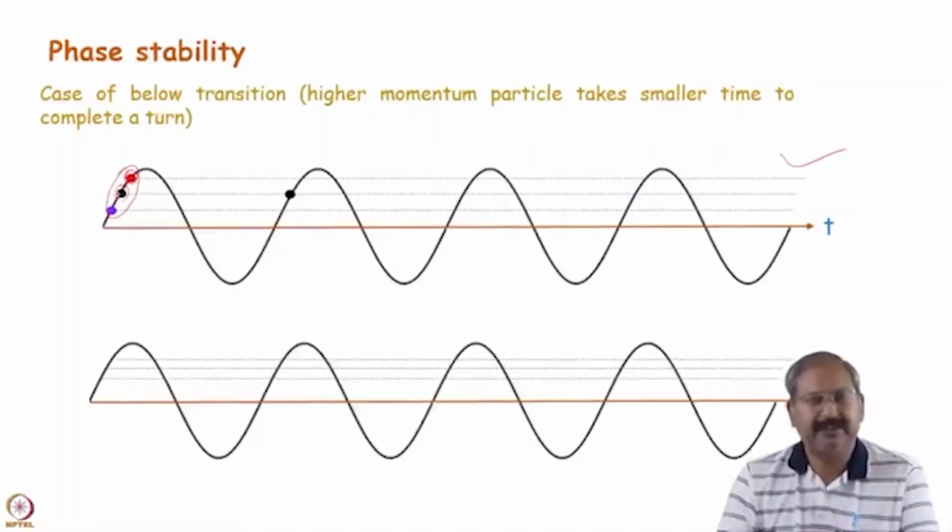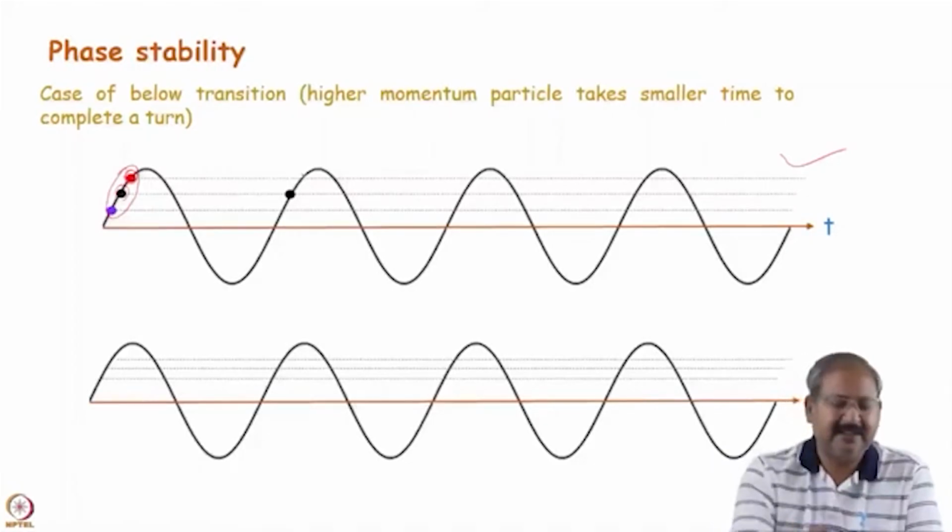Then it gets more energy, so it is at higher energy than the synchronous one. Because of the higher energy, its revolution time will decrease and it will reach earlier than this point. This particle will come here instead of here.